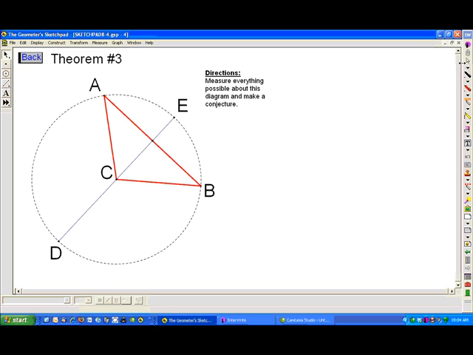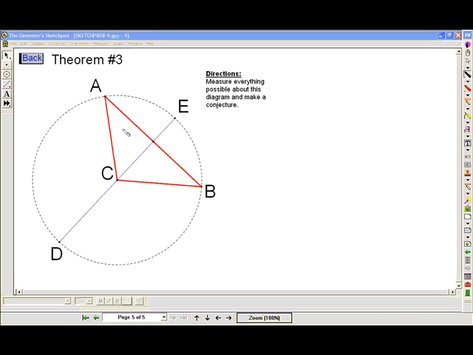So, if the triangles are both right triangles, and these are radii, which means they must be congruent, and this shared side, of course, has to be congruent, then the two triangles must be congruent, in which any parts are congruent.